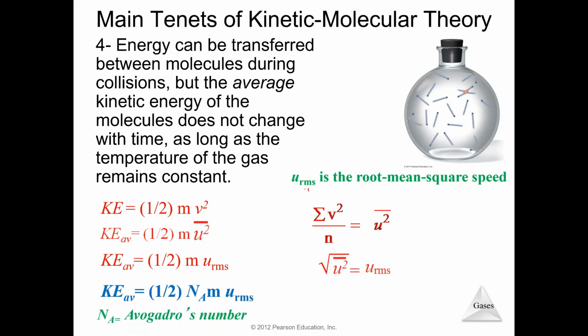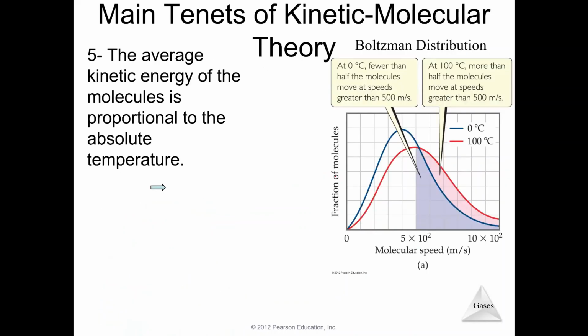Again, I don't want you to try to learn these steps, just how to arrive at it. Don't worry about it, just use the formula. And as I mentioned, the kinetic energy of these molecules is directly proportional to what? Temperature, right? As you raise the temperature, the molecules are going to move faster, more kinetic energy, and so forth.